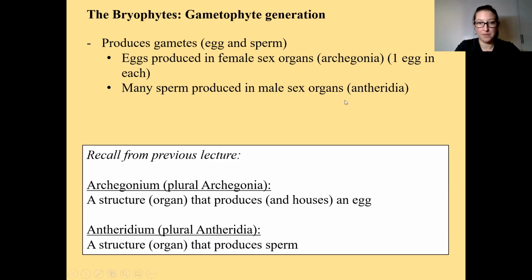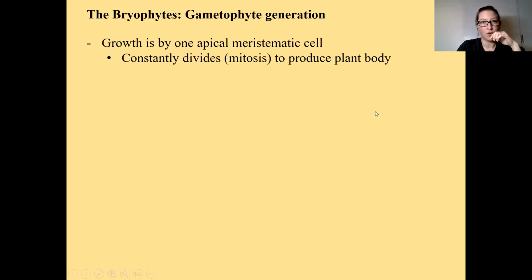Just for recall, in case you get to this slide when you're looking at things and you don't remember those words, I pulled this from a previous lecture. Basically, they are very simple plants, and so they just have one part that divides to make the plant longer.